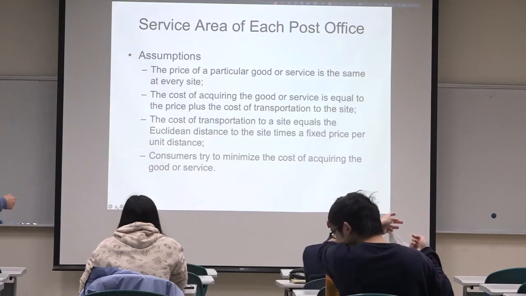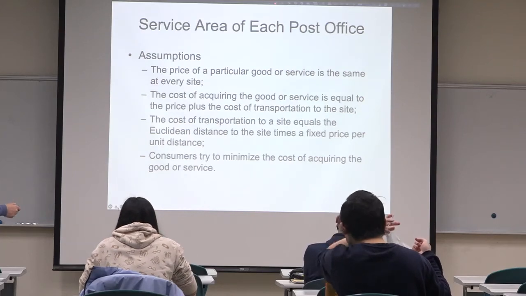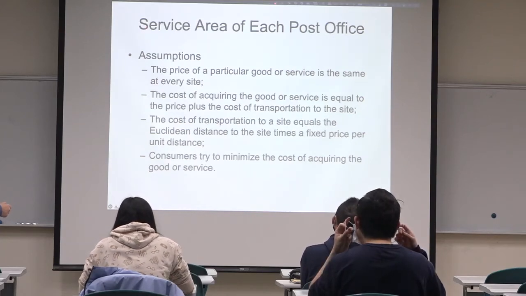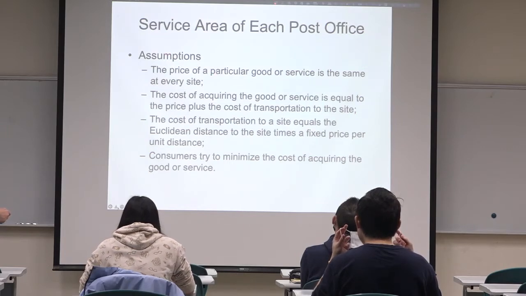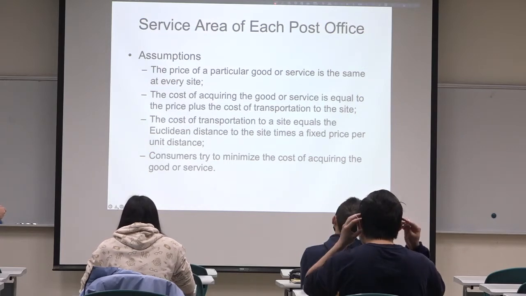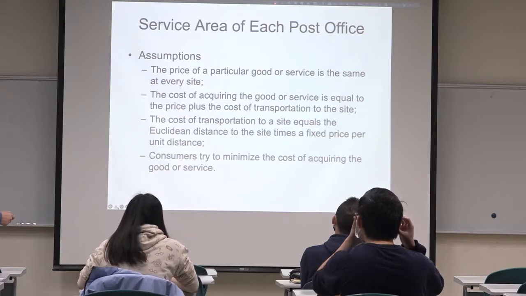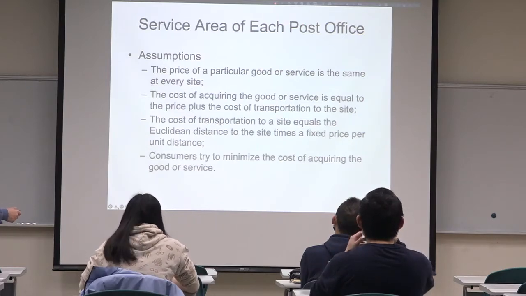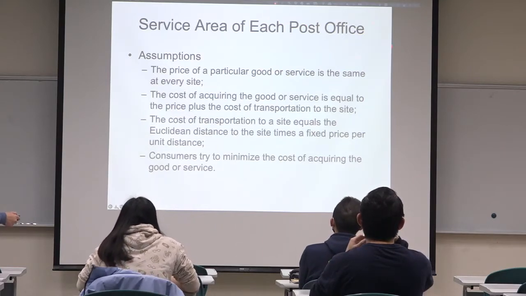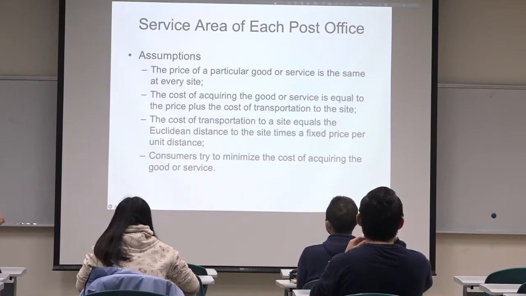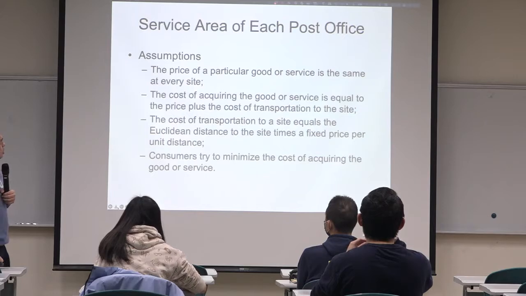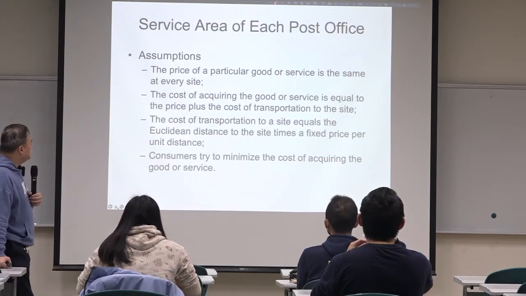The assumptions for this problem are as follows. The price of a particular good or service, in this case the service provided by the post office, will be the same at every site.